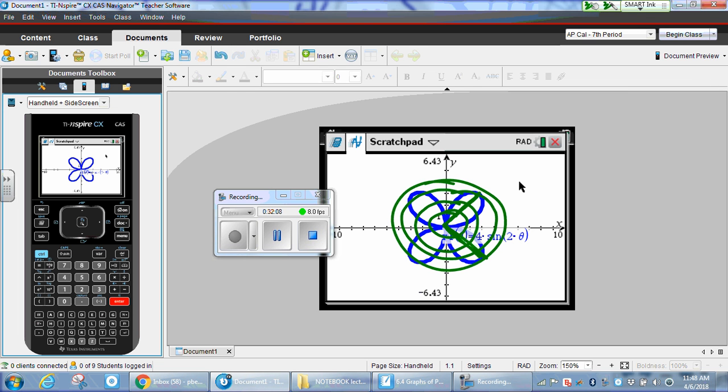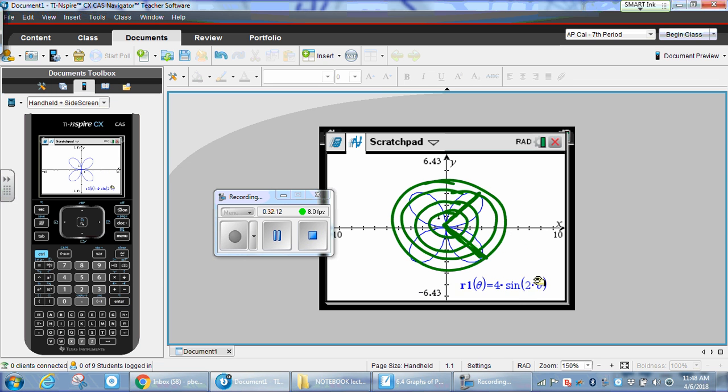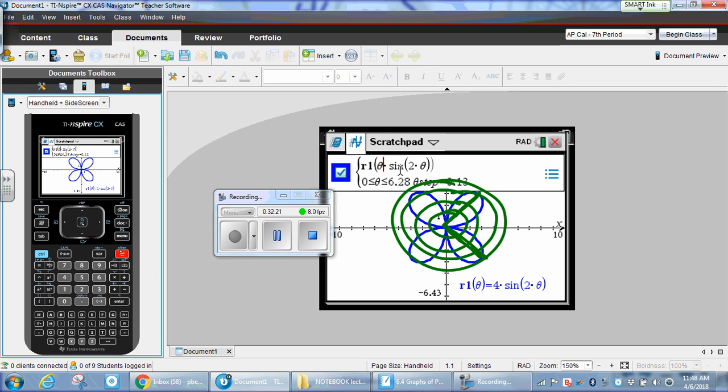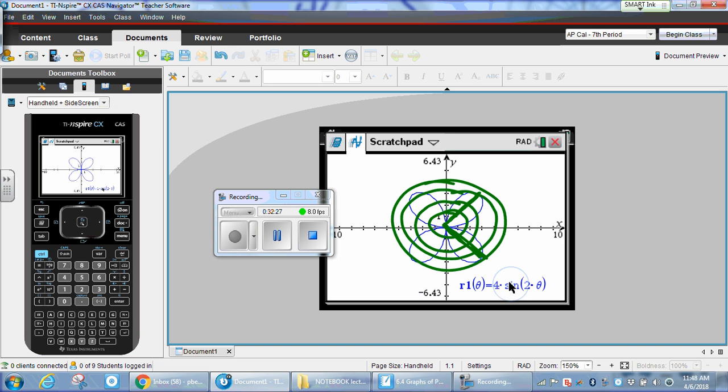But then let's try and change something from the equation. If you just double click, you can go back here. Let's change that 4 and make it a 6. Make it whatever you want: 6, 2, 3, 5.